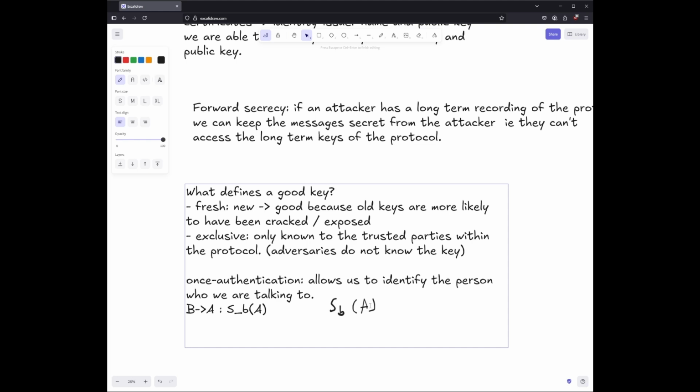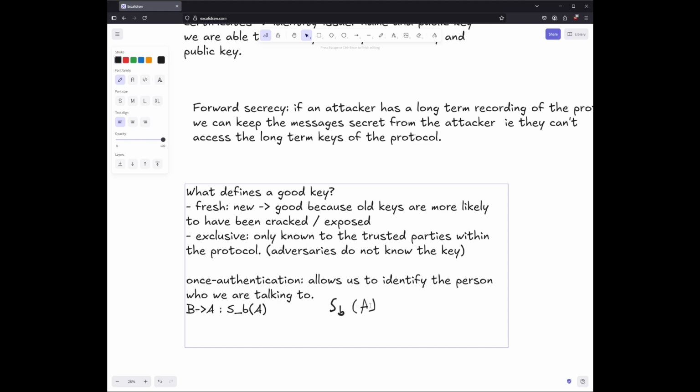And you wouldn't be able to do that with anyone else's, because only B would have the private key in order to sign this message. But it doesn't actually show that B is currently active. It could be that maybe B is a bot. B stands for bot, not Bob.